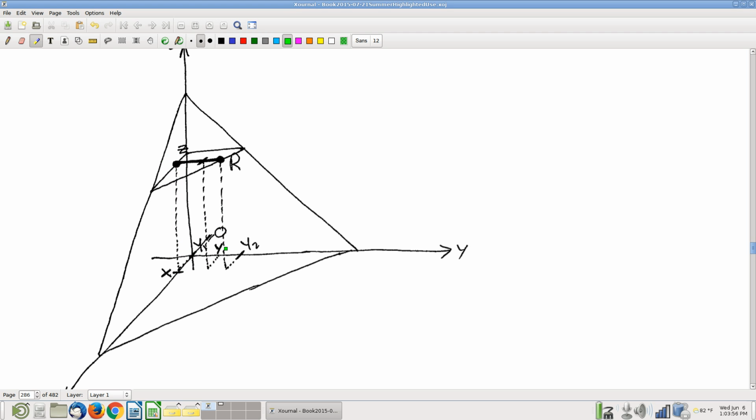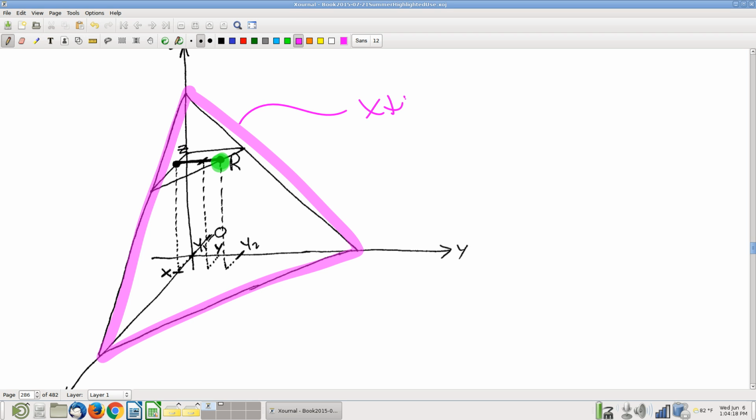If I want to know what is y2 corresponding to that point, I have to ask the question, what do I know about that point? And I know 3 things about that point. On the one hand, that point is on that plane that has the equation x plus y plus z equals 1.